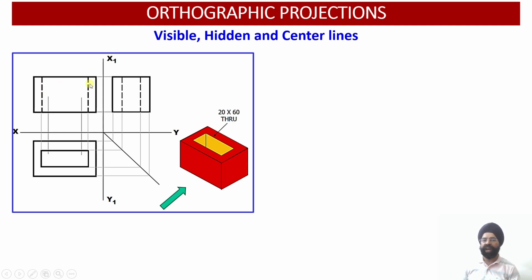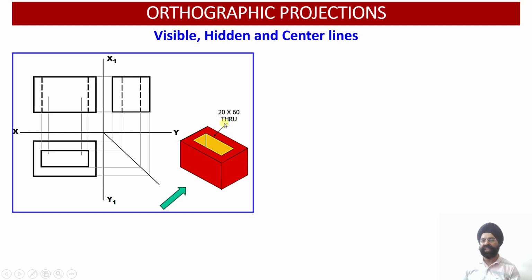So in the orthographic projections, since I am going to show the hidden lines corresponding to the interior details of the objects, this is a hollow object. So this wall, this wall, this wall and this wall have been shown as dotted lines. And since this is running through and through, without giving any note I will be sure what the depth of this hole is going to be.